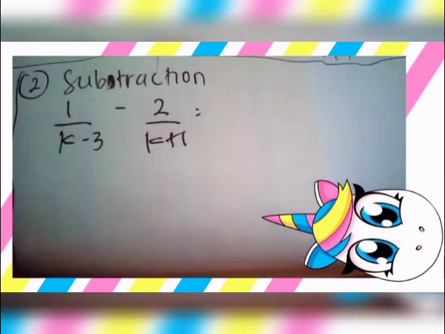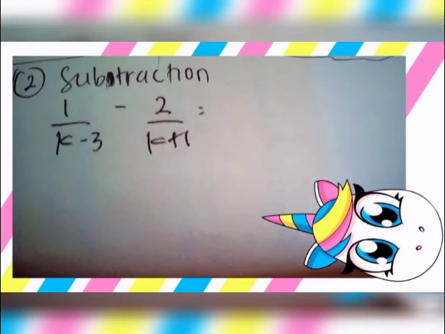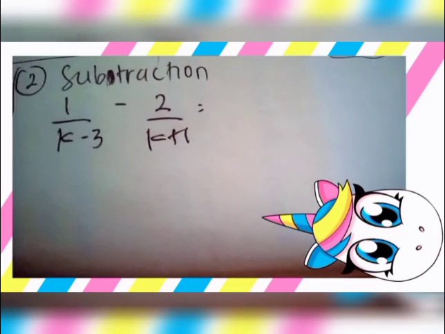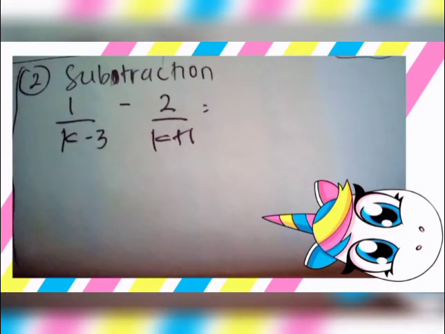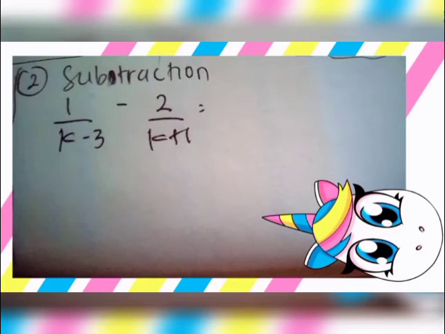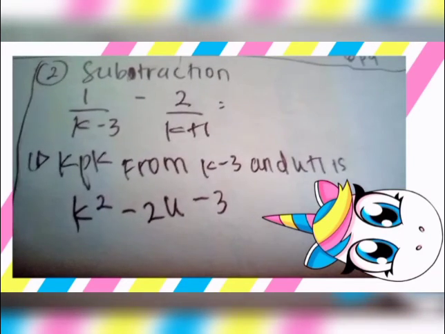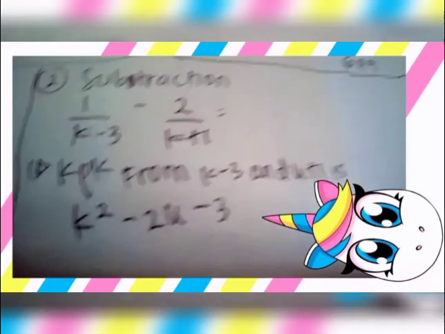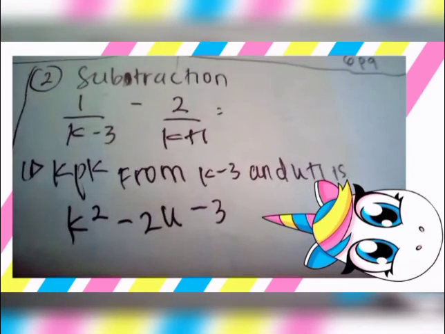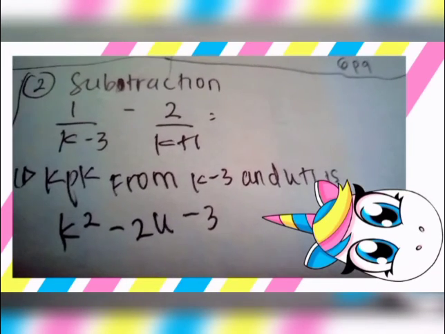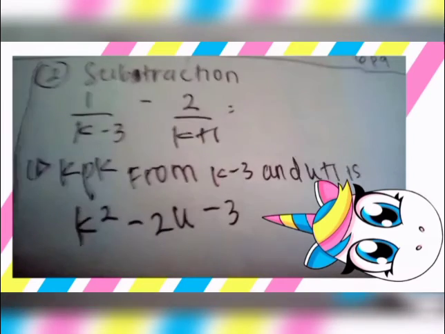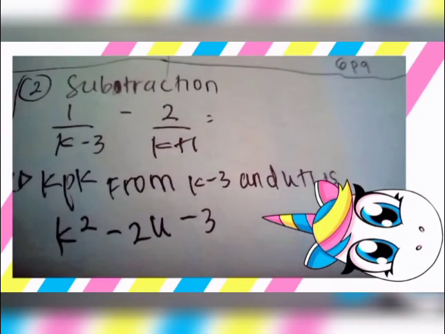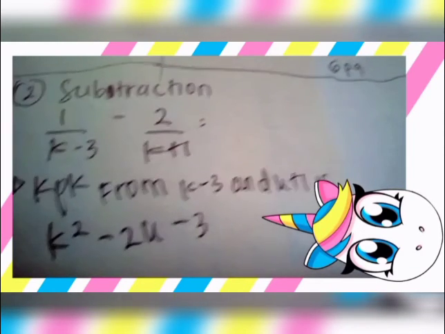Subtraction. Example: 1 over k minus 3 minus 2 over k plus 1 equals. The first step is equalizing the denominator with the least common multiple. The least common multiple of k minus 3 and k plus 1 is k squared minus 2k minus 3.